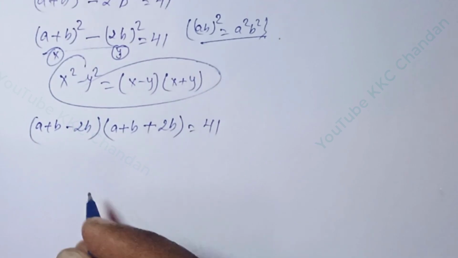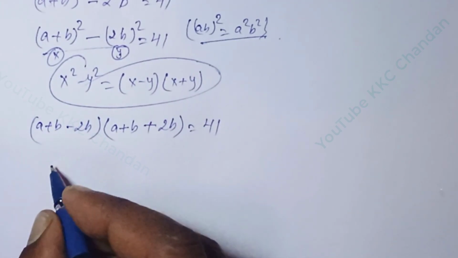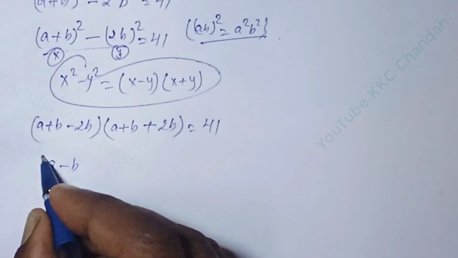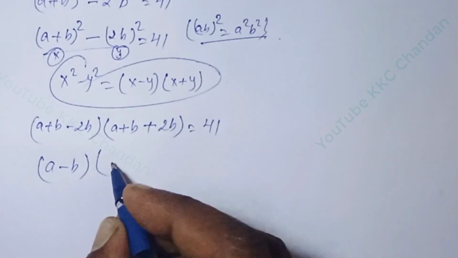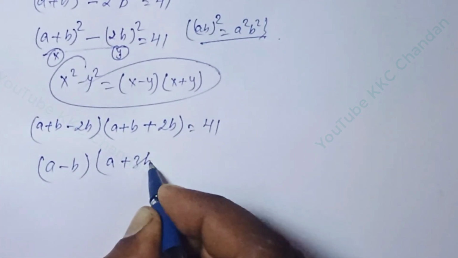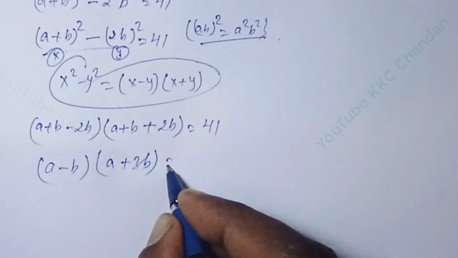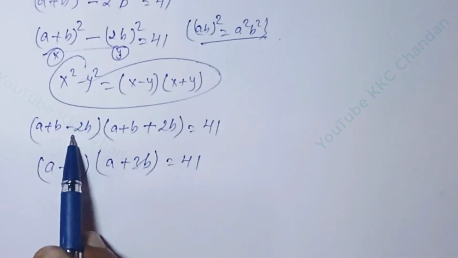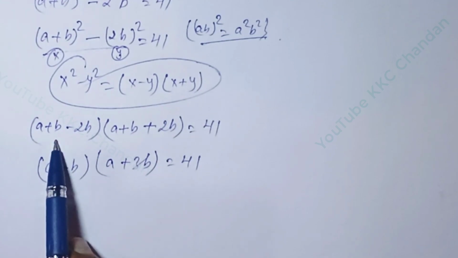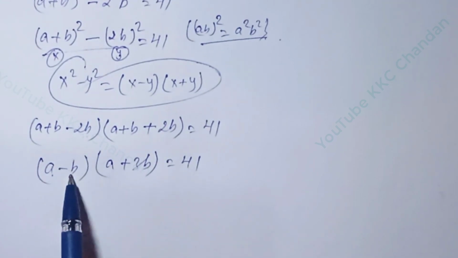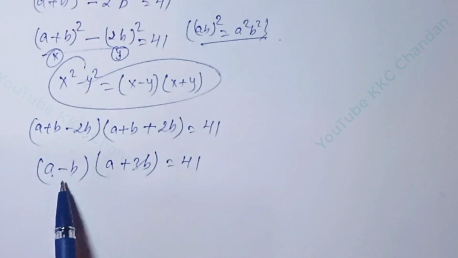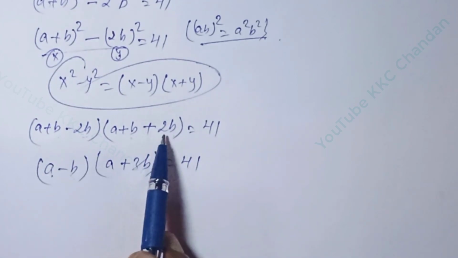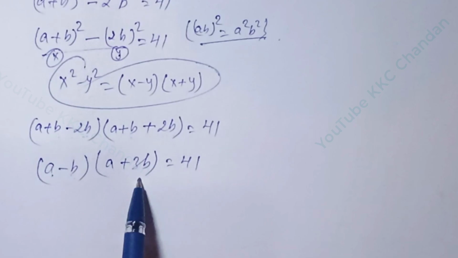After the next step, a minus b into a plus 3b bracket close is equal to 41. See here, a plus b minus 2b, left it a minus b; b plus 2b means 3b.